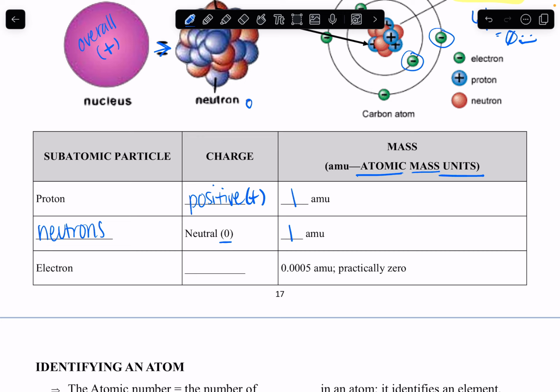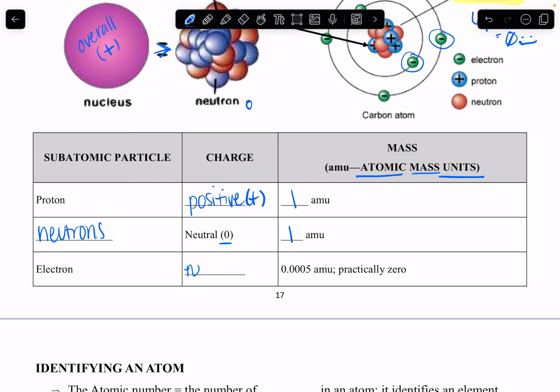That's atomic mass unit. Then my electrons are negative. They have a -1 charge, and they weigh 0.0005 AMU. So for all purposes for this class, it's going to be practically 0. We're going to ignore the weight of electrons. All right?